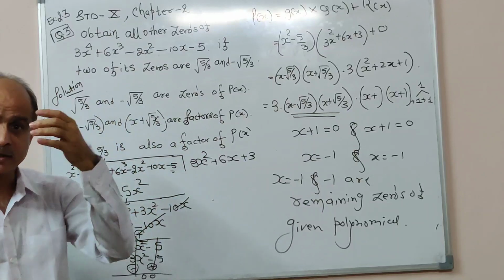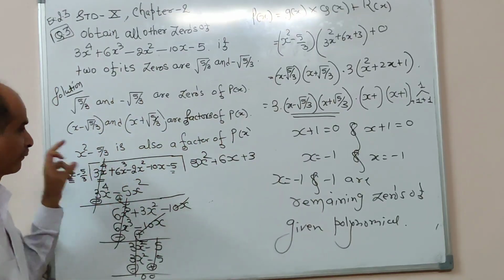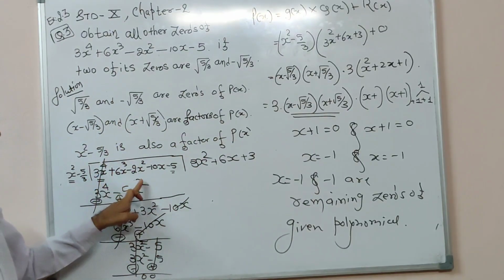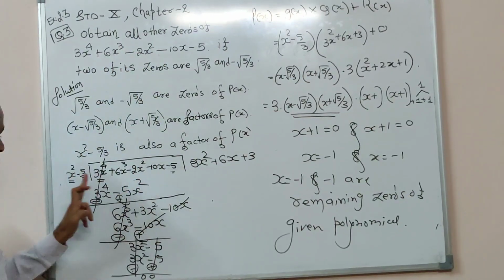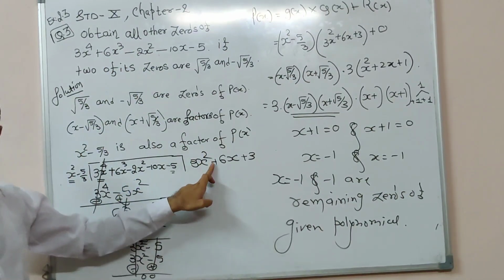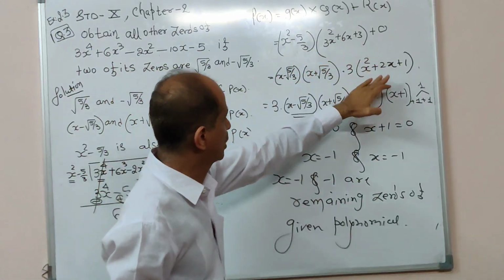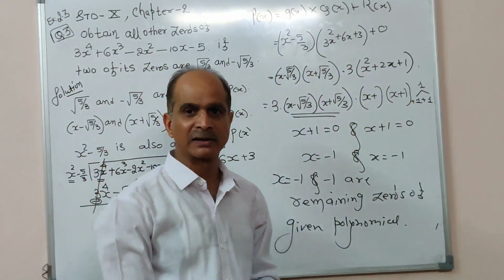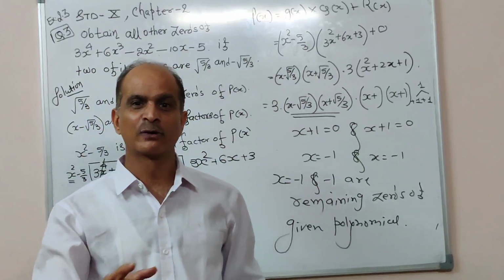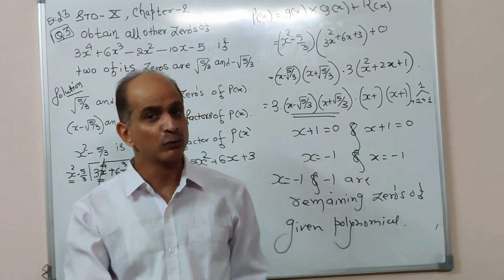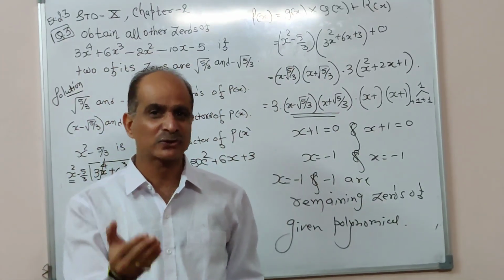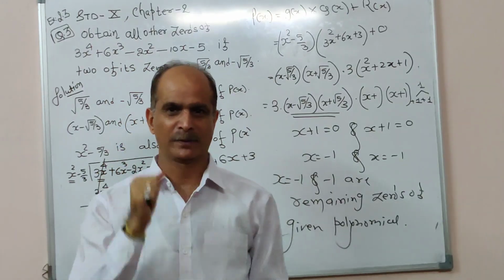By multiplying these 2 factors, find 1 factor, divide the given polynomial by this factor to get the quotient, and factorize the quotient. You can easily find the remaining zeros of the given polynomial.